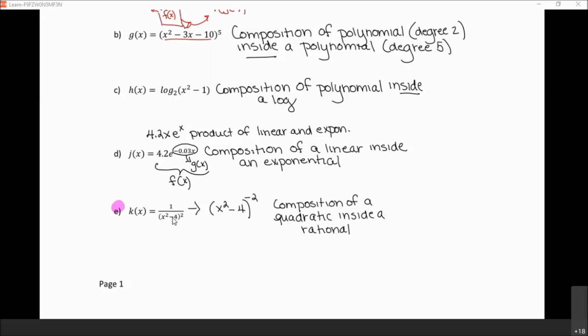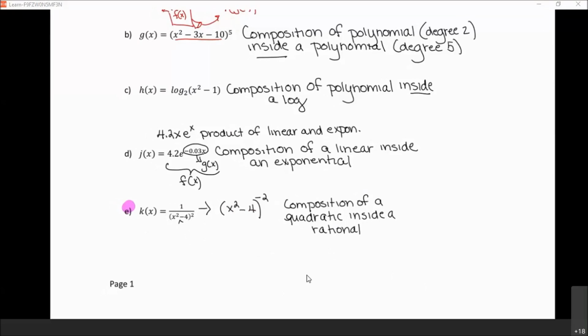So that's like a rational function on the outside and a quadratic function on the inside. So here's g of x. And then the whole rational thing, where u is x squared minus 4. So that's your outer function.